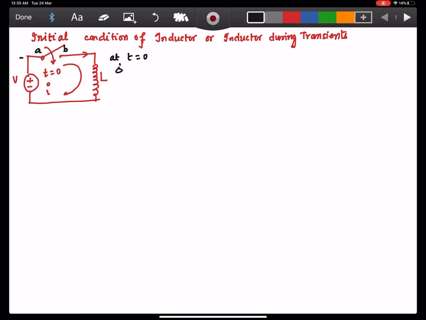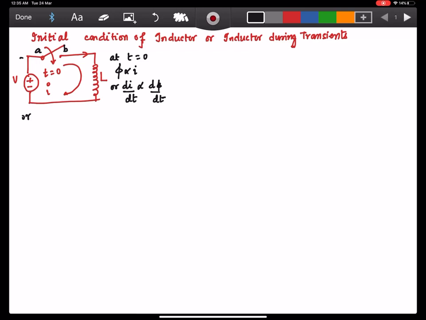Then we know that phi is directly proportional to I. Also we know that di, the rate of change of current, is directly proportional to the rate of change of flux. That means the inductor is dealing with the rate of change of current, and if there is a rate of change of current, it has a rate of change of flux.